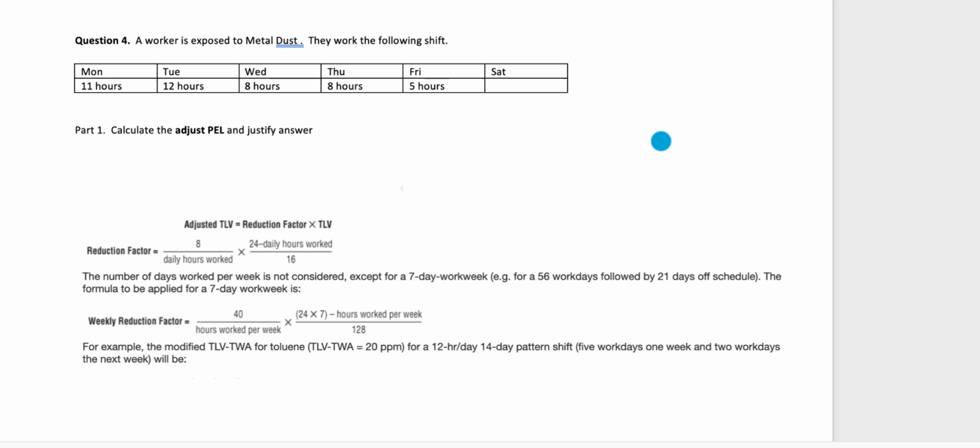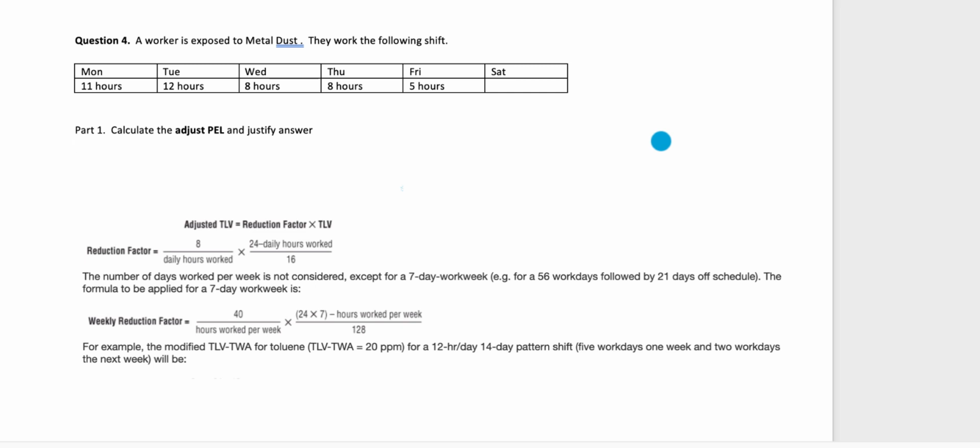So for question 4, you'll be adjusting the occupational exposure limit, or the PEL, for metal dust given the work week that you see above. And you would need to have these formulas, which I did not have memorized, so I put them in for you.